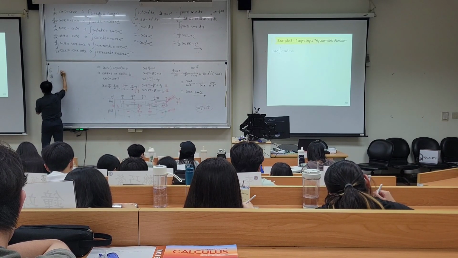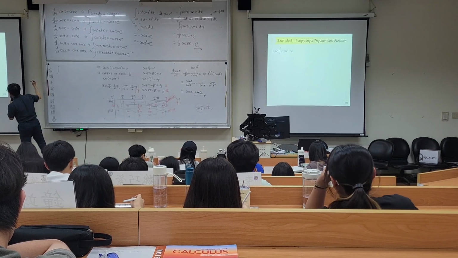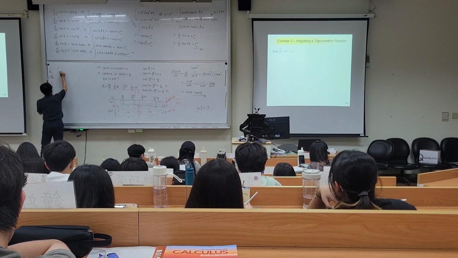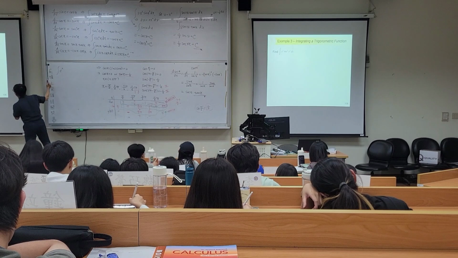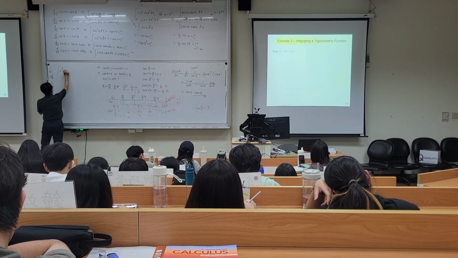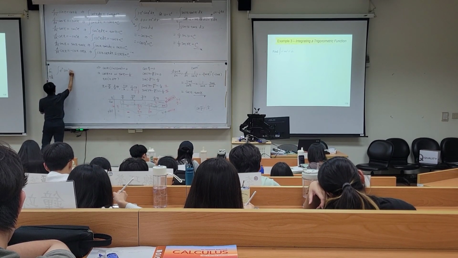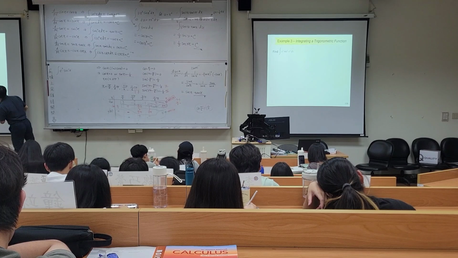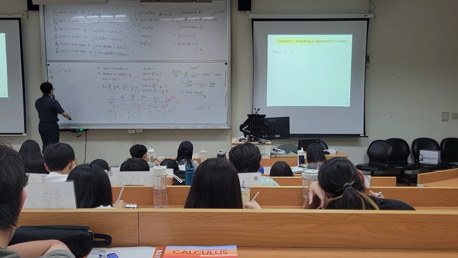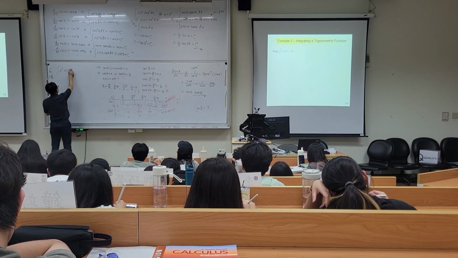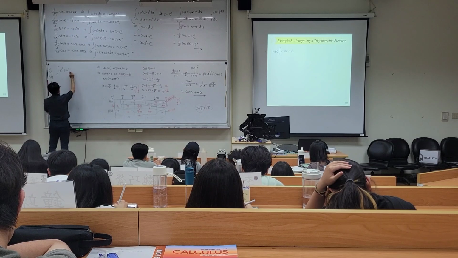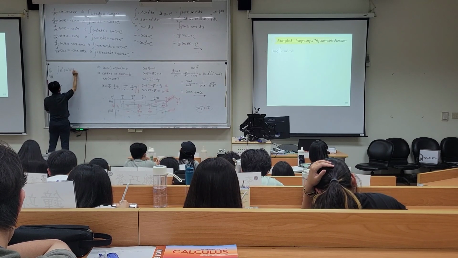I think I will integrate e to the x multiplied by secant square e to the x. It looks kind of odd, but it should be this.